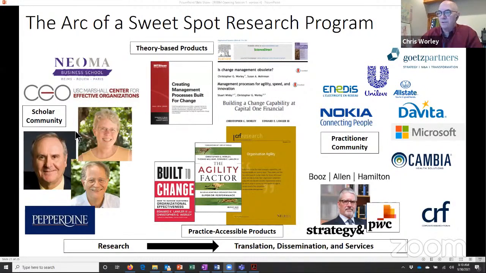And through that research, one formal statement of that work came in the Agility Factor book, where Ed and Tom and I pulled all that data together and started talking about organizations, not just new organizations.